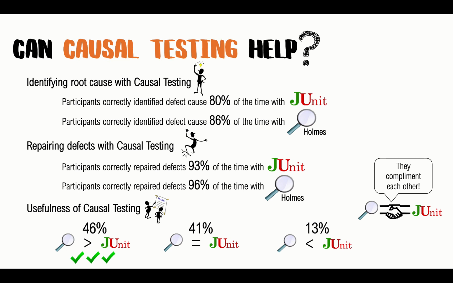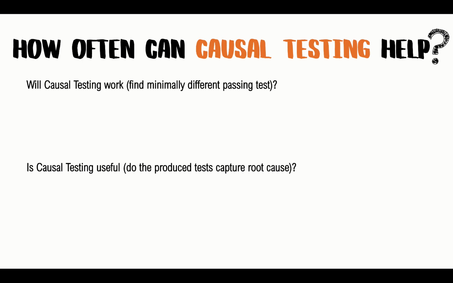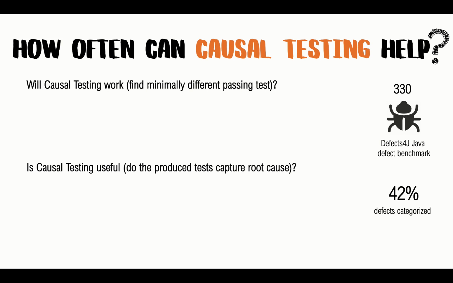In addition to whether causal testing can help, we wanted to get a sense for how often causal testing can help. So we manually went through the defects in the Defects per Day benchmark to see when causal testing would work and when it would be useful. Of the 330 defects we manually evaluated, we were able to categorize with confidence 42%.